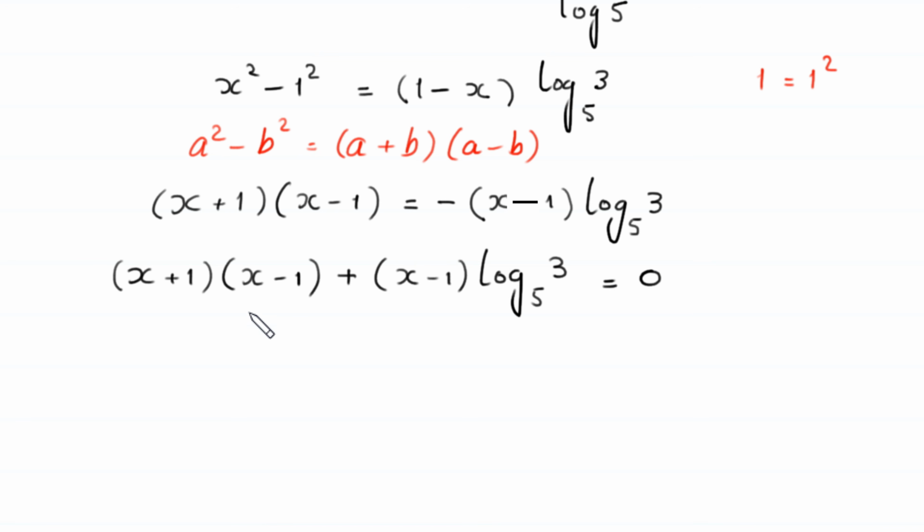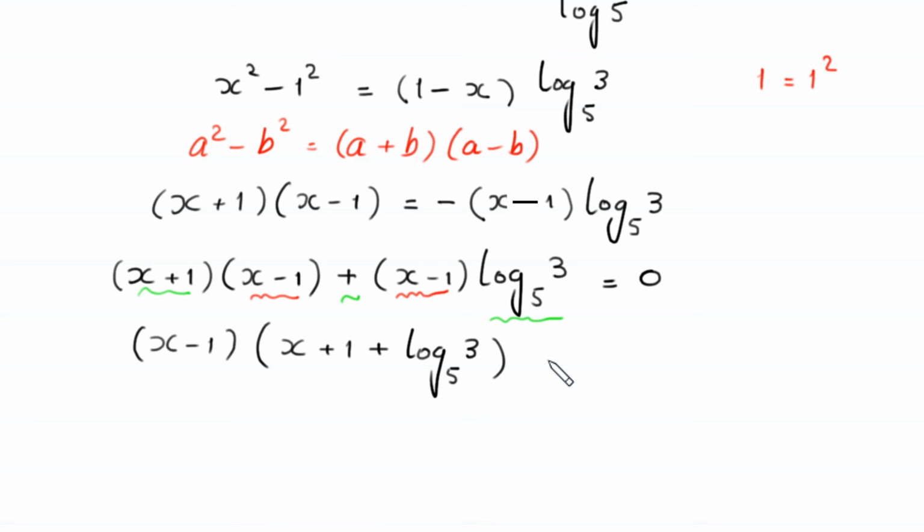Now as you can see, this expression x minus 1 is common, so we factor out this x minus 1, and in bracket left x plus 1 plus log base 5 of 3 is equal to 0.